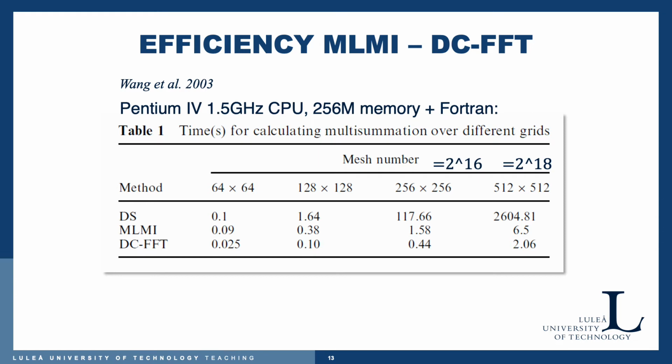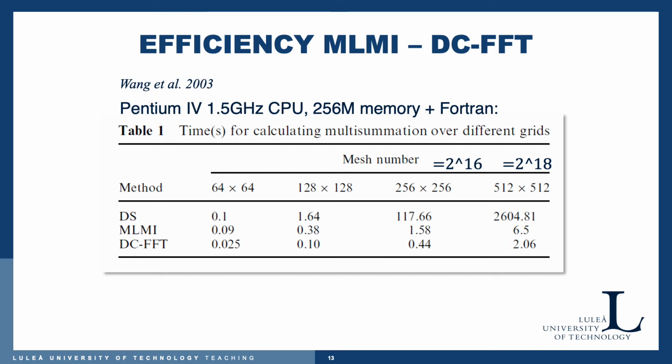And you can see the times here. If we look at the little bit larger meshes where they were able to compute things, the 2 to the power 8 squared and 2 to the power 9 squared meshes, we can see that the direct summation took them 2 minutes in the 2 to the power 16 degrees of freedom case.